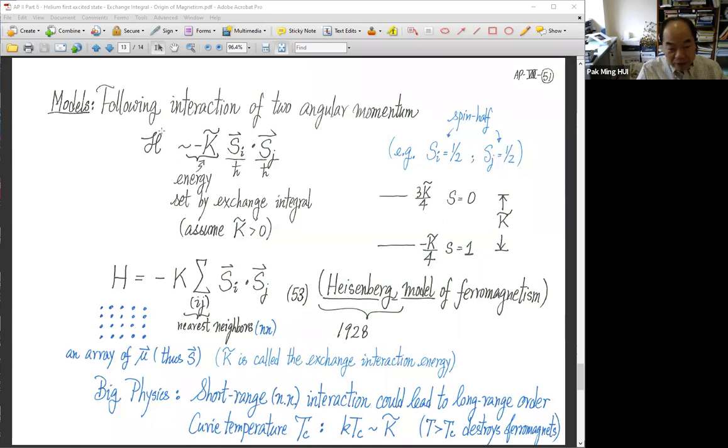For example, this will work. The minus sign is just to make sure that if this is aligned, then this is very minus happy, lower energy. And if this is anti-aligned, that will have a minus sign itself, that will make this positive, higher energy, not so happy.